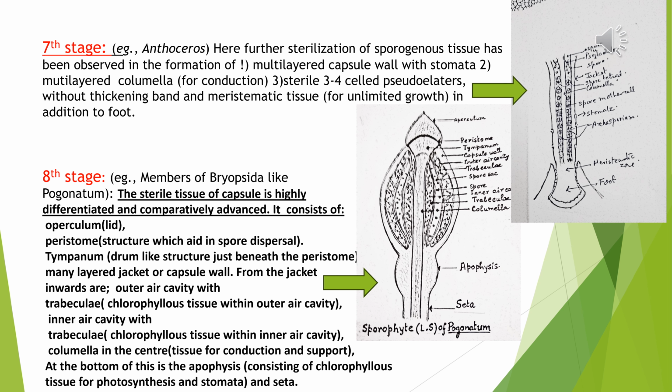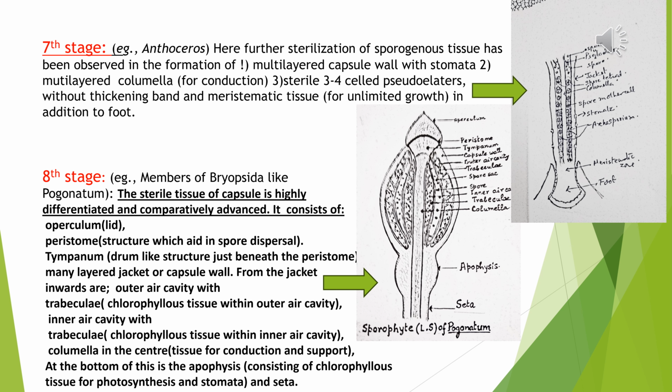Seventh stage, example Anthoceros. Here further sterilization of sporogenous tissue has been observed in the formation of: 1. Multi-layered capsule wall with stomata. Now here's the first time we have multi-layered capsule. In Pellia there was bilayered. 2.